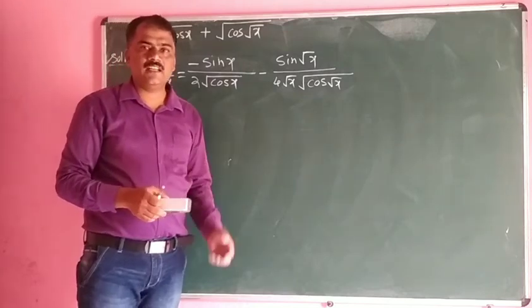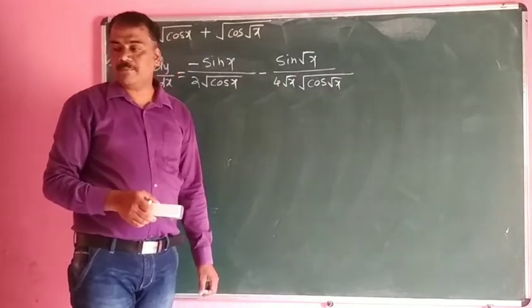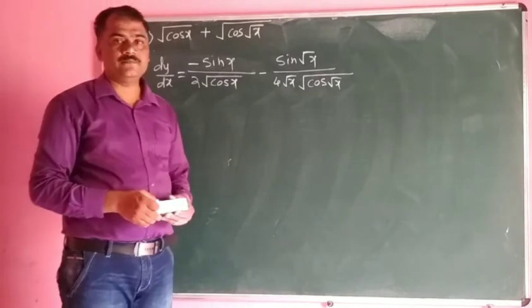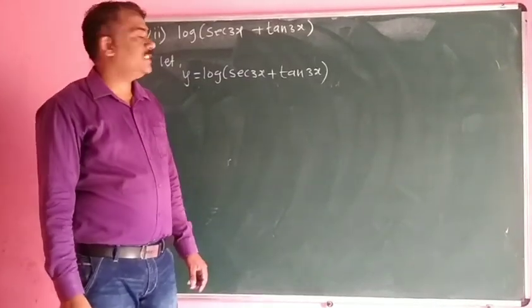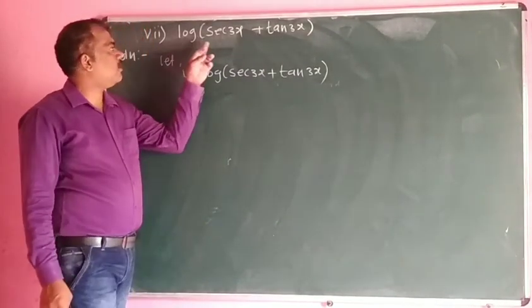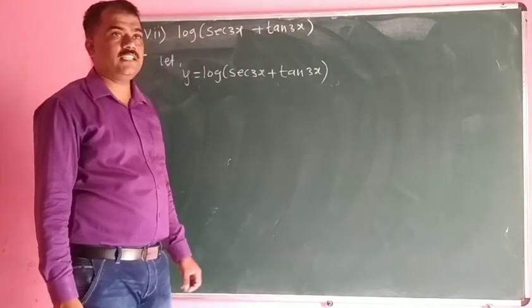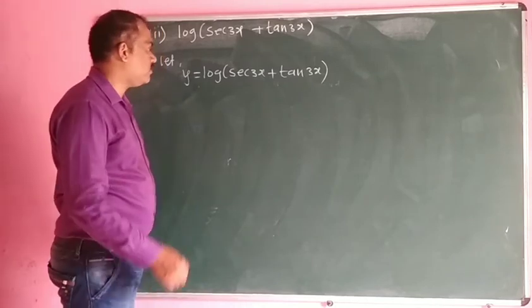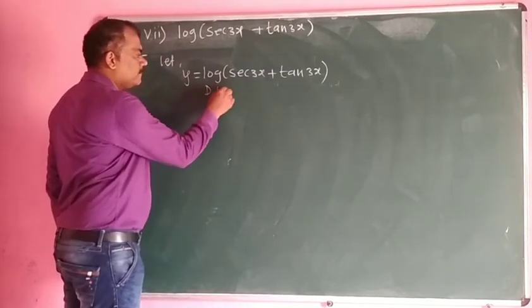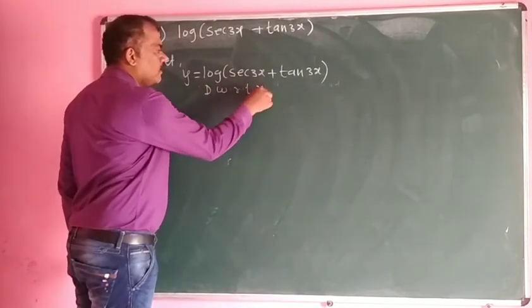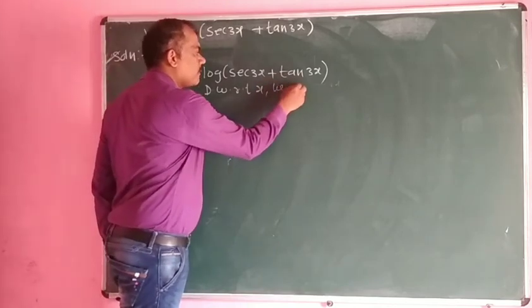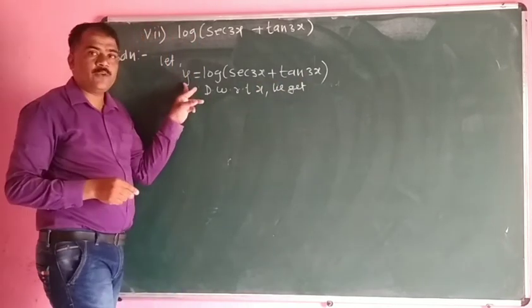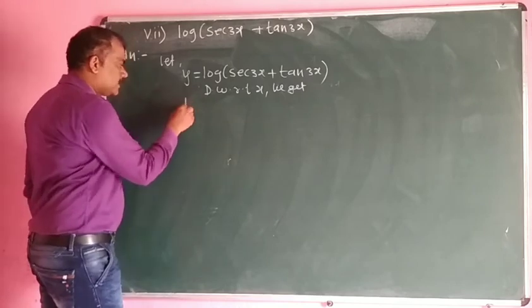We can discuss the next example, example number 7. Example number 7 is log of sec 3x plus tan 3x. Let y is equal to log of sec 3x plus tan 3x. We have to differentiate with respect to x. We get differentiation of this y with respect to x is dy by dx.